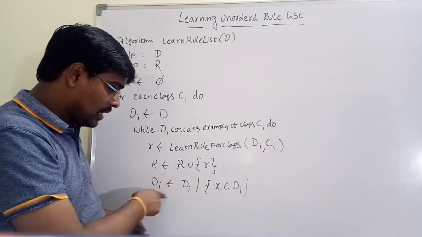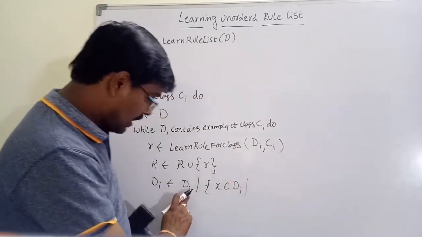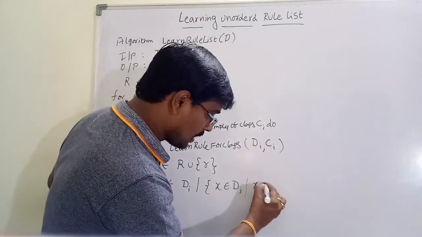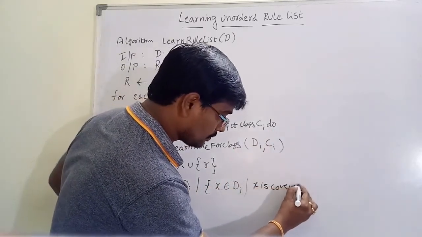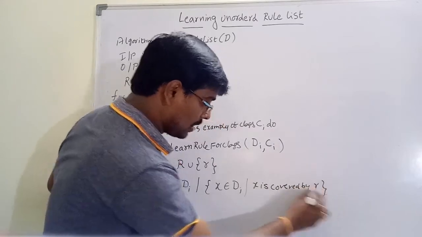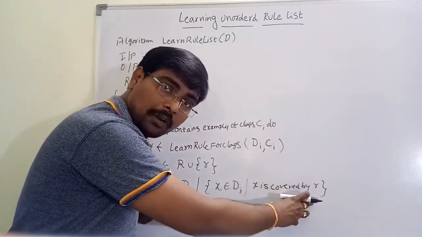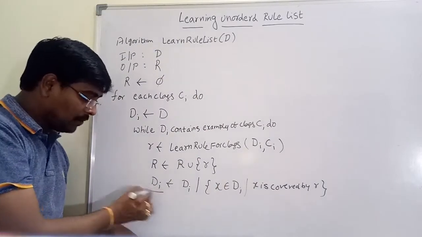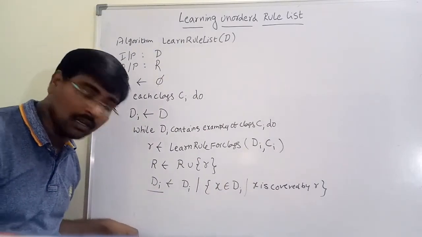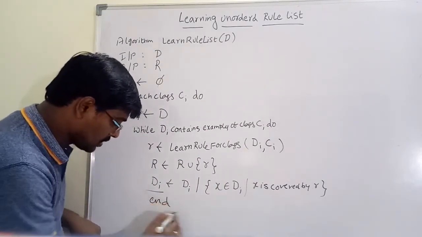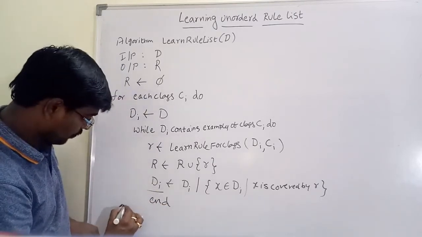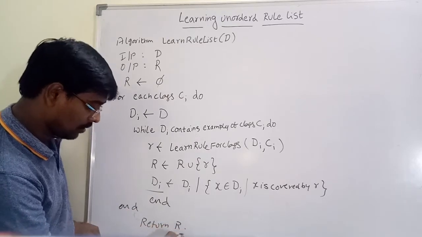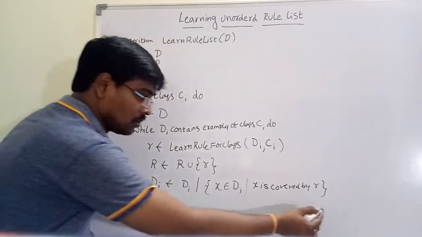That is, Di becomes Di minus the examples that are covered by R. Those instances are removed and the data set is modified. This is the end of the while loop, this is the end of the for loop, and finally we return R.